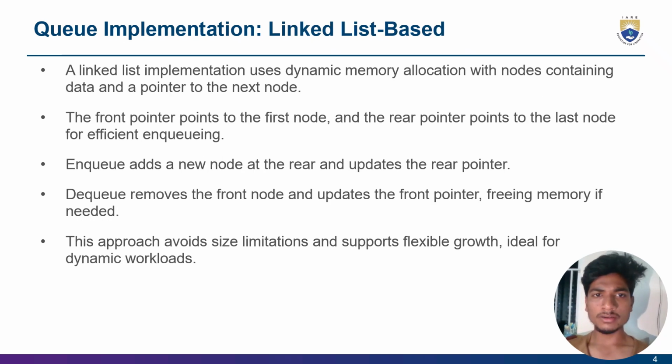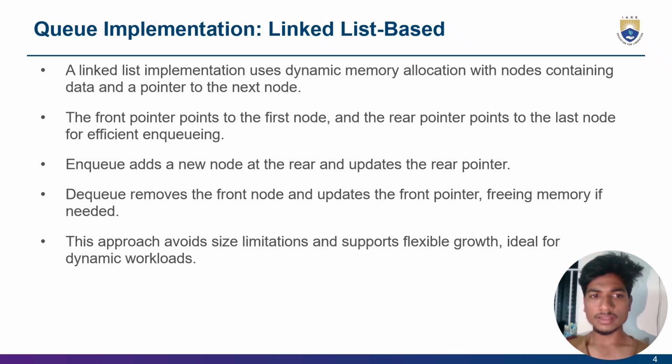The queue implementation with a linked list based. A linked list implementation uses dynamic memory allocation with nodes containing the data and a pointer to the next node. The front pointer points to the first node and the rear pointer points to the last node for efficient enqueuing.